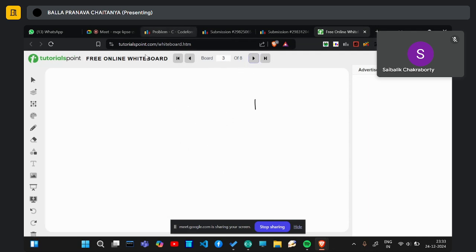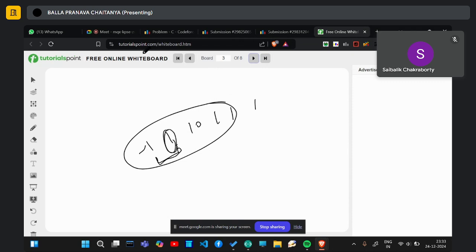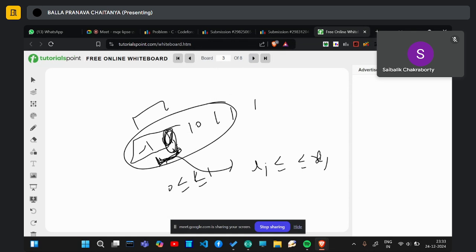So now we have minus 1, 1, and 10, 1, 1, right? Suppose we need to calculate what sums we can get including this element in the left part. We can get sums ranging from 0 to 1. It's a greedy algorithm, you can easily calculate what sums you can get. Suppose we can get the sum from L1 to R1 in this subarray, including this element. This is important.